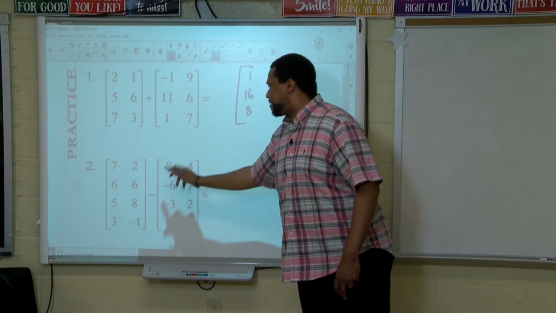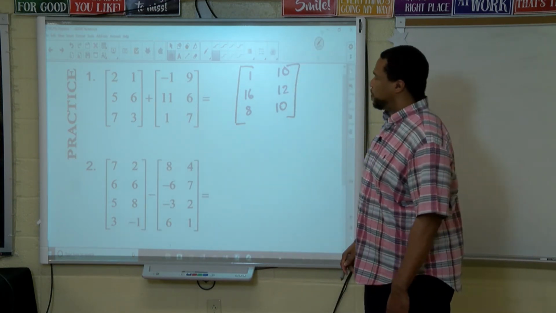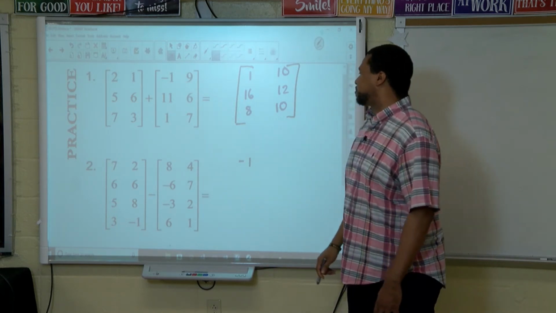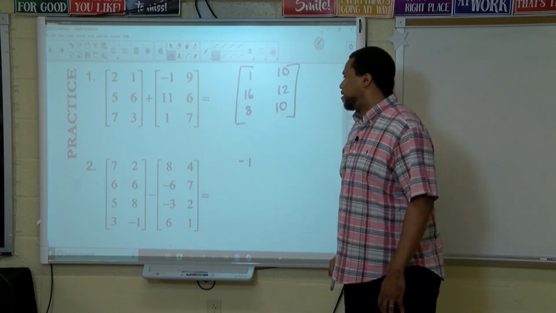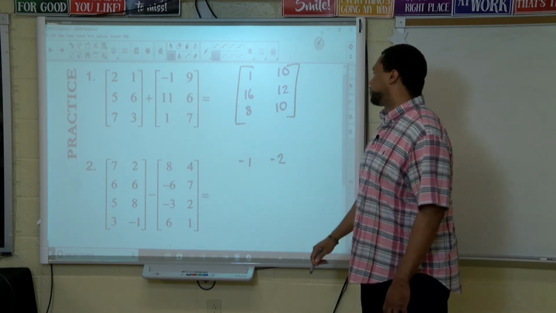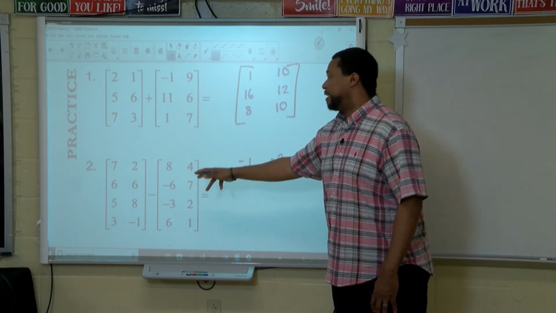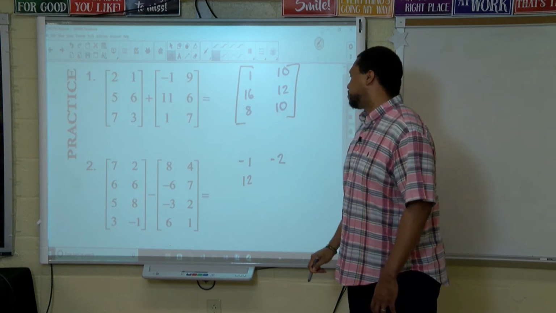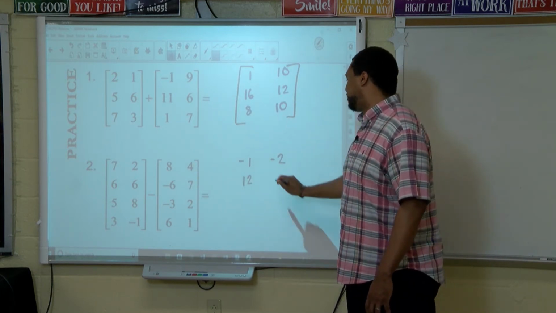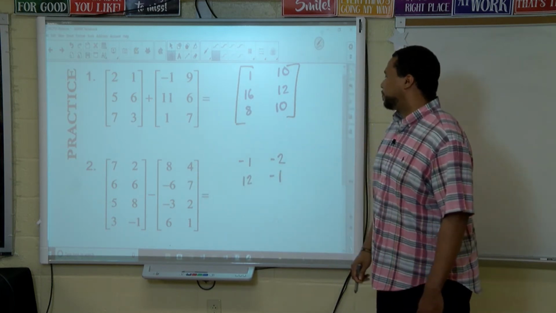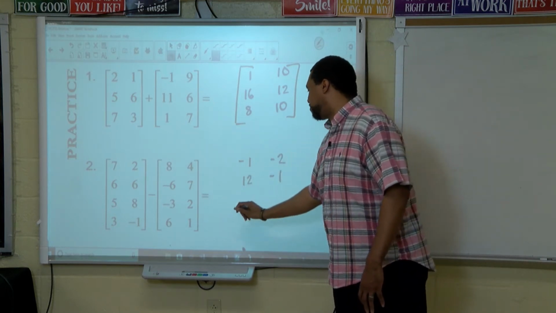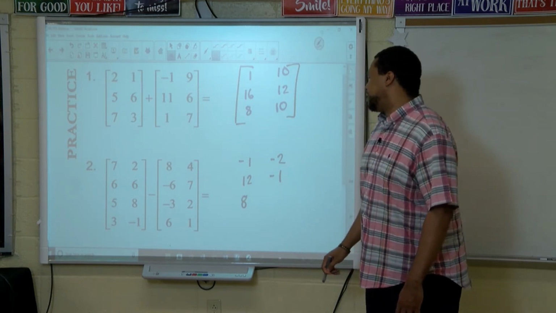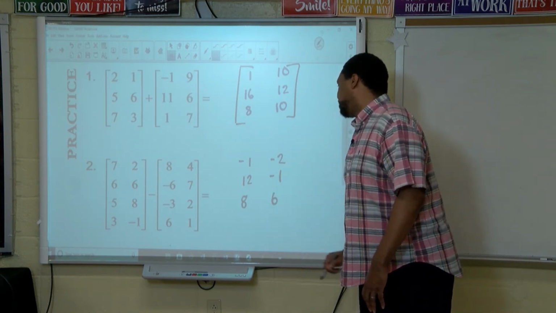So 7 minus 8, you must add or subtract corresponding elements. 7 minus 8 gives us negative 1. 2 minus 4, negative 2. 6 minus negative 6 is 12. 6 minus 7, negative 1. 5 minus negative 3 is 8. 8 minus 2, 6.